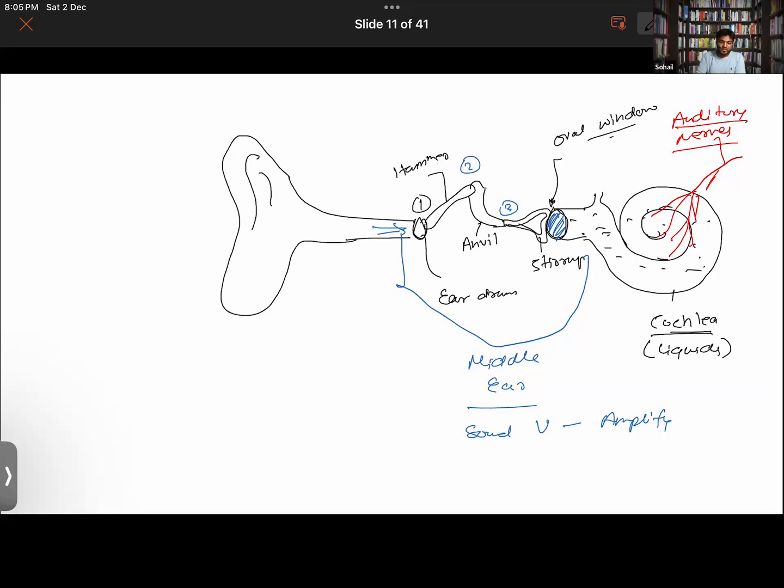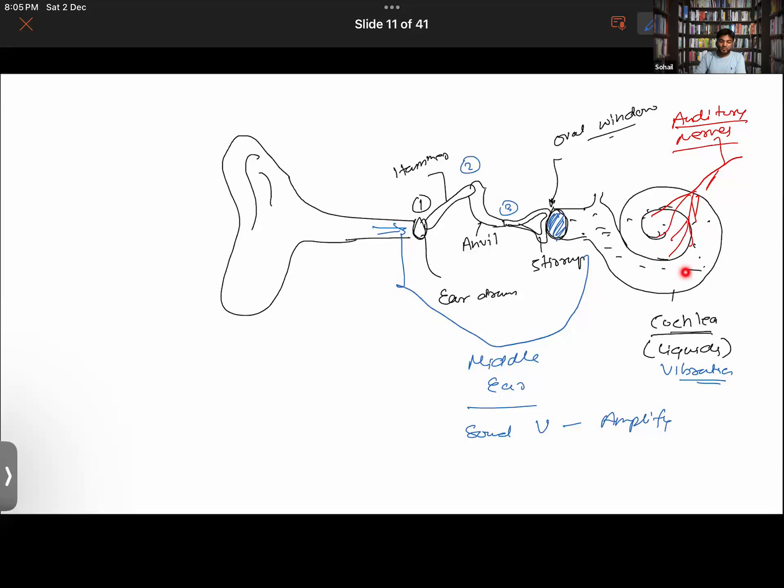Now due to the vibration of these liquids, अब ये जो vibration हो रही है, इसकी वजह से क्या होगा? Electrical impulses पहुंचेंगे auditory nerves में. So here now the signals are converted into electrical signals, right?